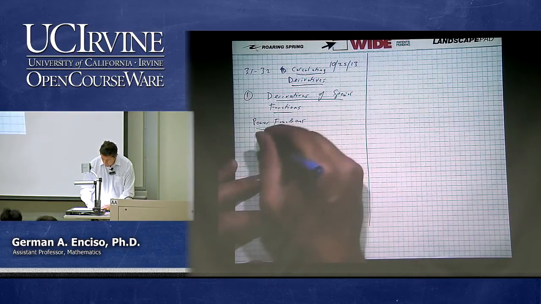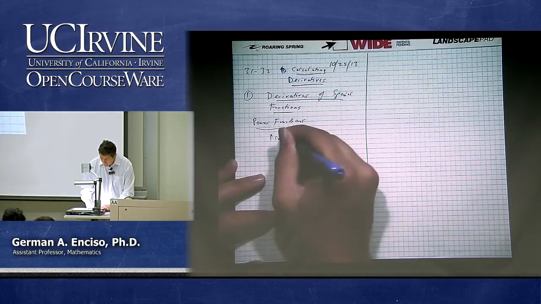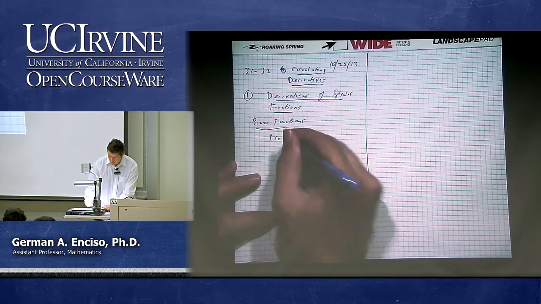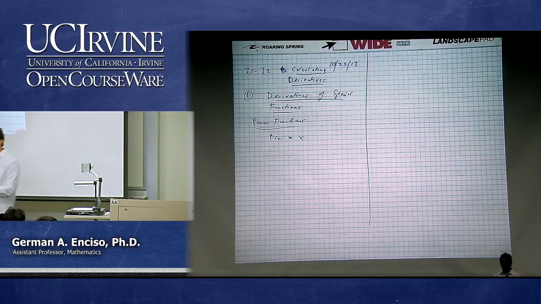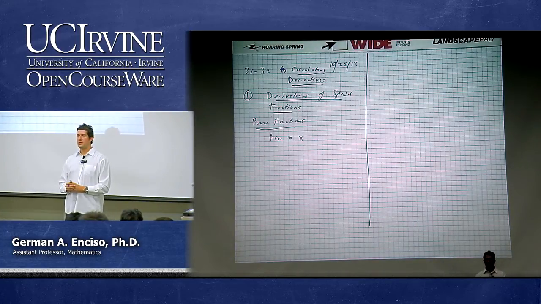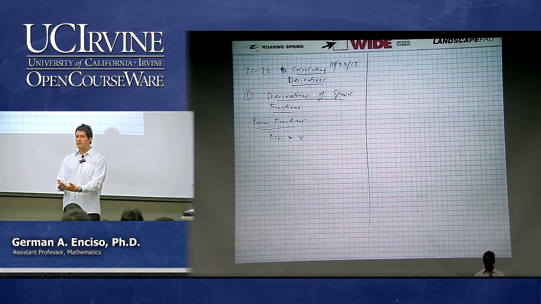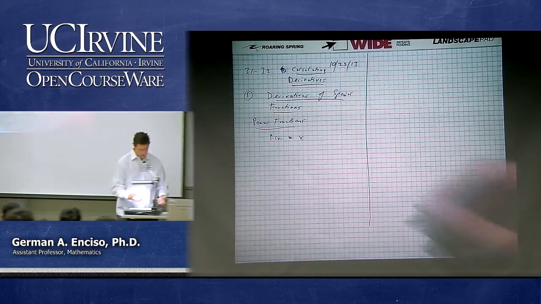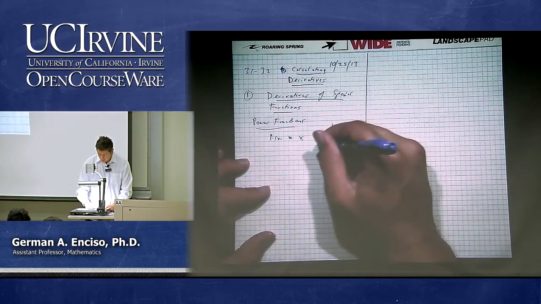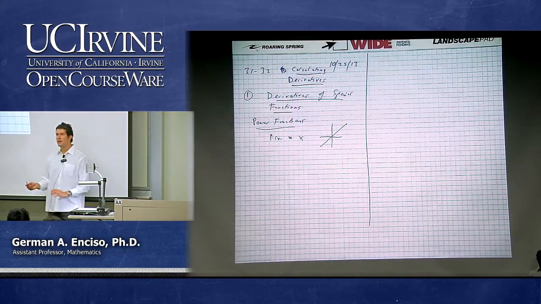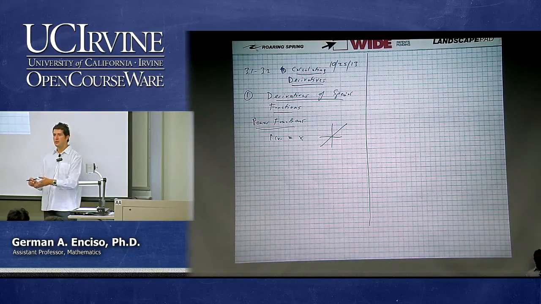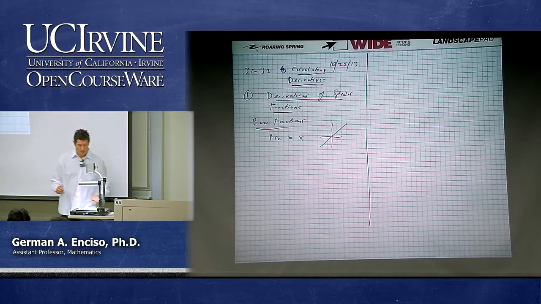So recall that if f of x is equal to x, okay, what is the derivative? Okay, how do you know? Well, just plot the function and notice that it's a straight line with a constant slope. The slope is equal to 1 at every point.